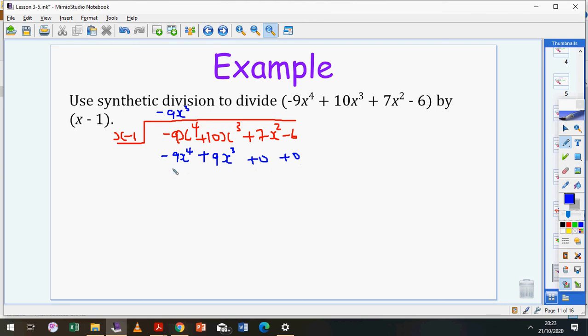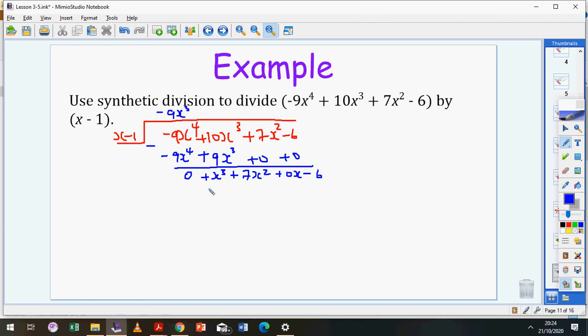Then I'll subtract: negative 9x to the power 4 minus negative 9x to the power 4, that's a 0. 10x cubed minus 9x cubed, that's a positive x cubed. 7x squared, I don't have any other squared term, so that's just 7x squared. I hope you can see that after a squared term, the next natural term would be a linear term, but that's also 0. I'm putting it there just so the next level will look easier.